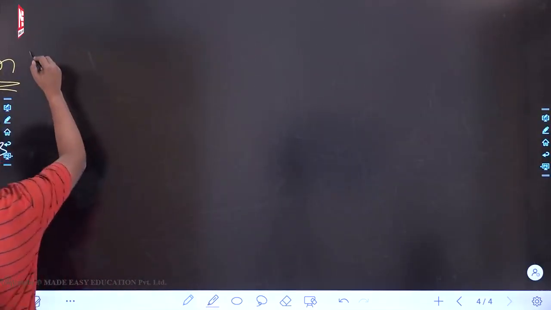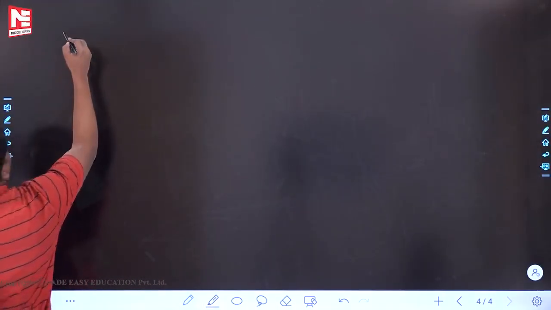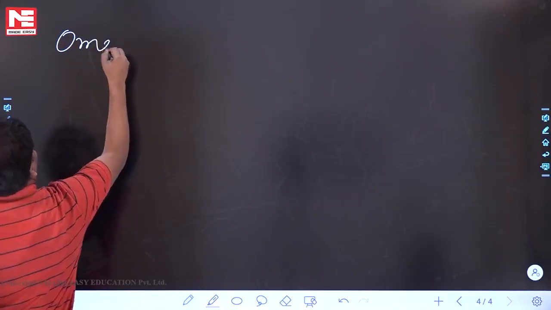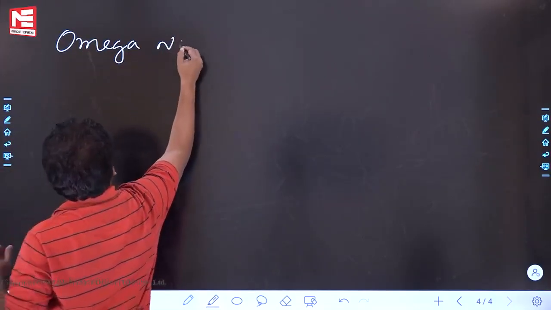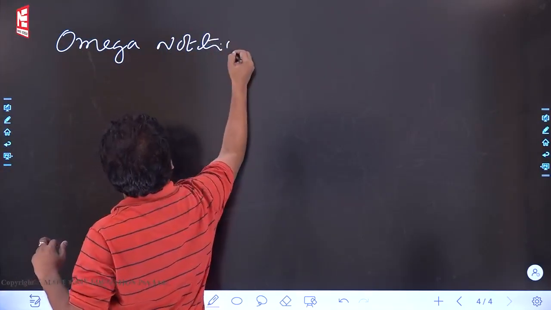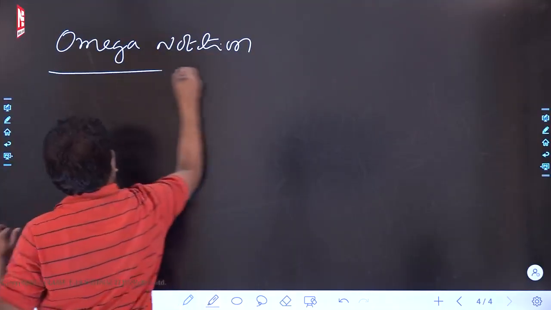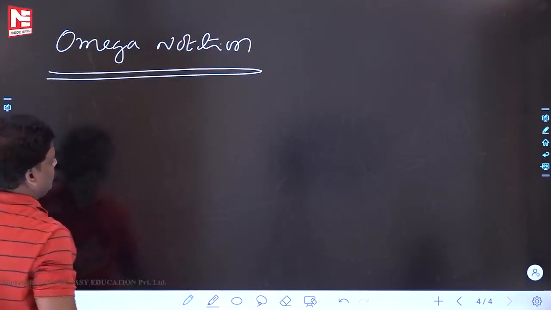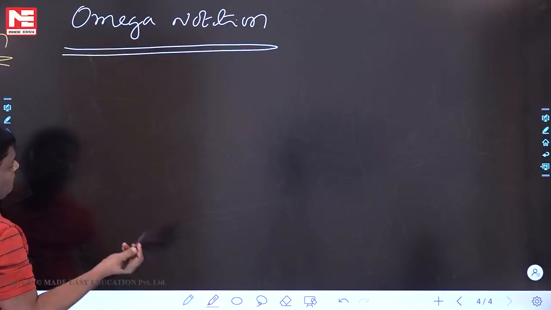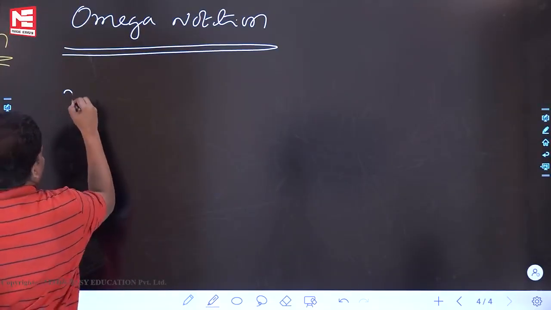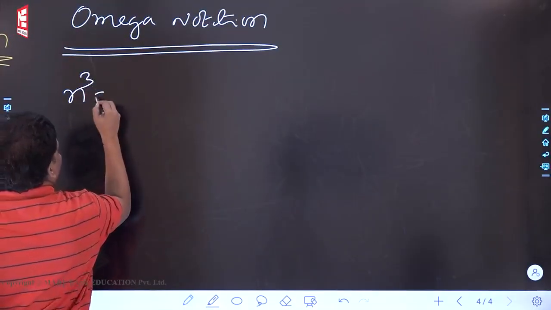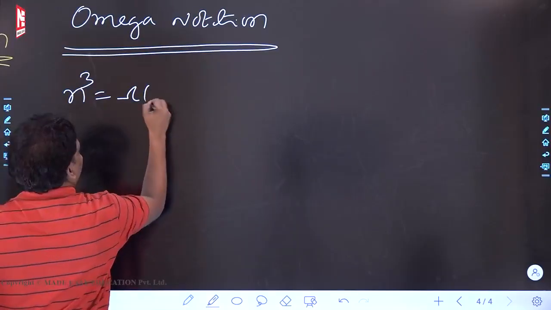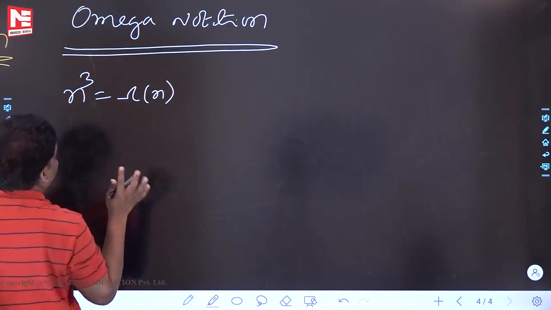Now see one more small story, just listen to this also. Omega notation. See the omega notation, very simple, like the previous one. N cube is omega of n. What is the meaning of omega?